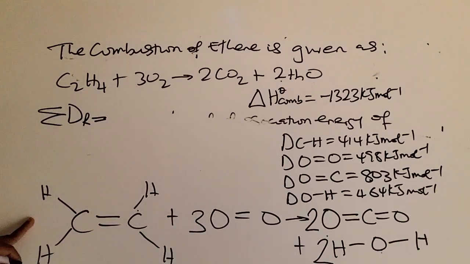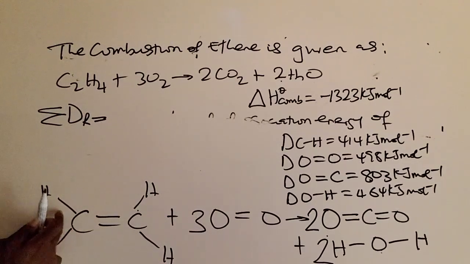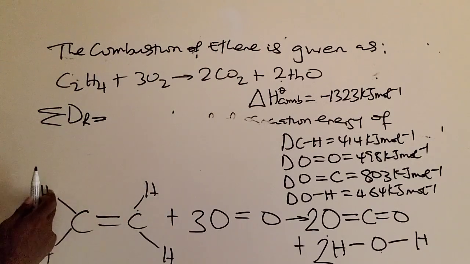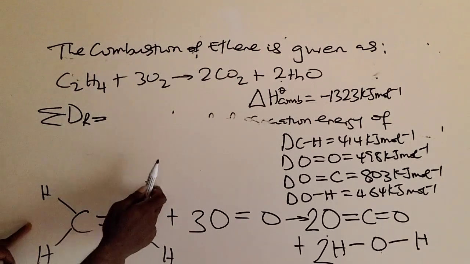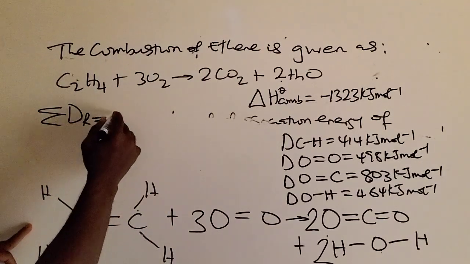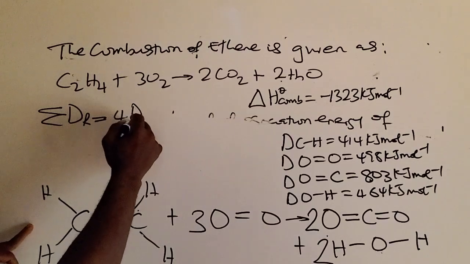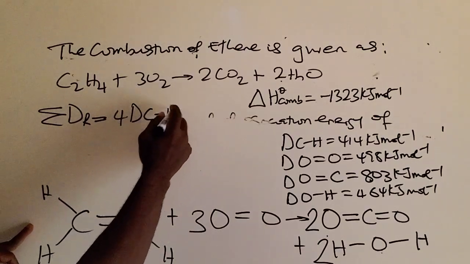Let's start with this one. I'm having C-H bonds here. How many times does the C-H bond occur? This is 1, 2, 3, and then 4. So there are 4 carbon to hydrogen single bonds in C2H4. So now I have 4 times the dissociation energy of the carbon-hydrogen bond.